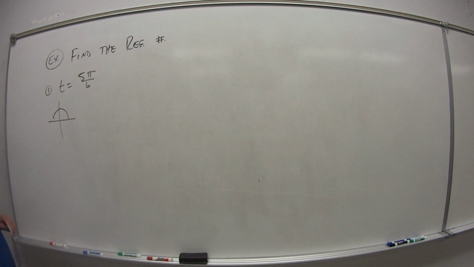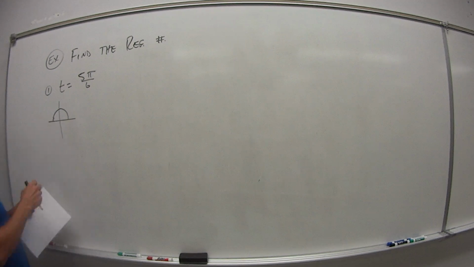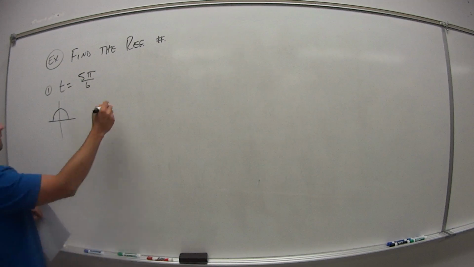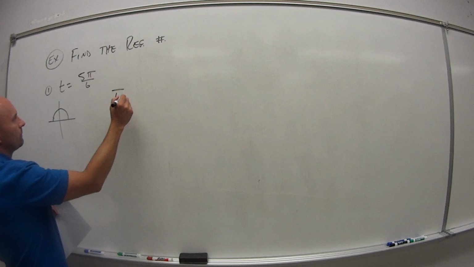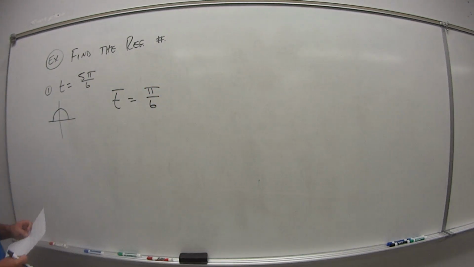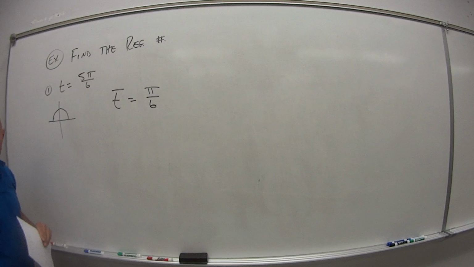It's over here in quadrant 2. So what this question is asking is, what is the distance from that point down to the x-axis, the blue line? Well, that would be where t bar is equal to pi over 6. It's that last little 1/6 that we need to get to in order to get down to the x-axis.